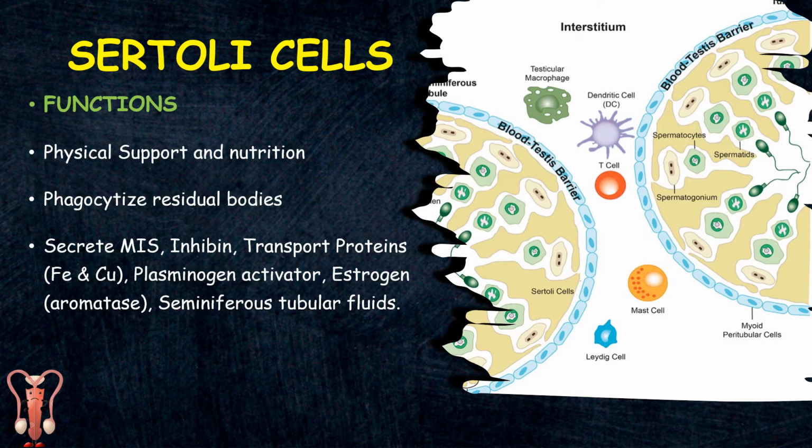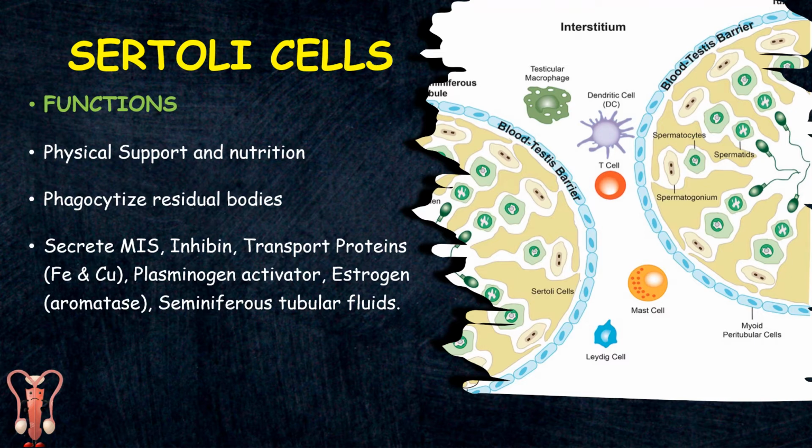This MIS helps in the regression of the Mullerian duct in the fetus, by which male sexual development is maintained. And then inhibin, a substance that inhibits spermatogenesis before the onset of puberty by regulating the FSH secretion.